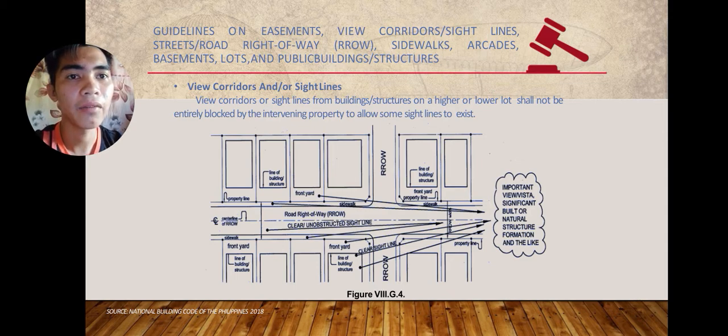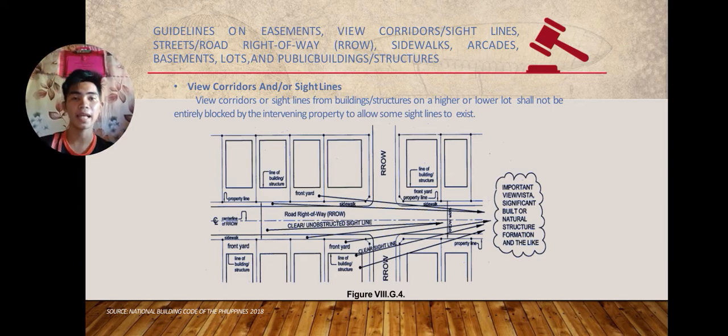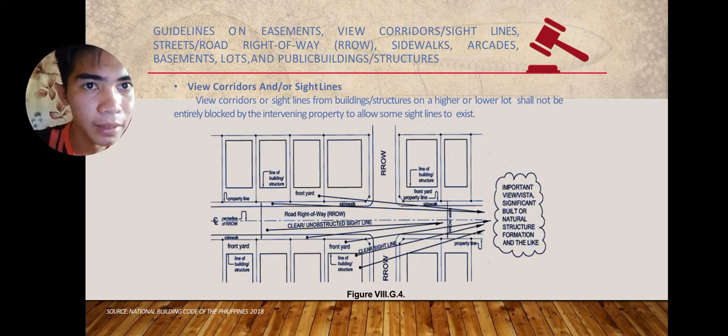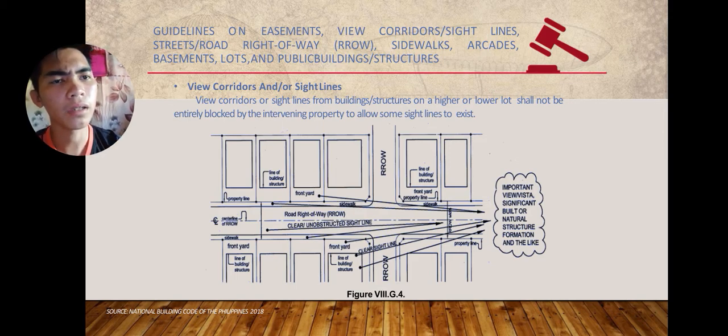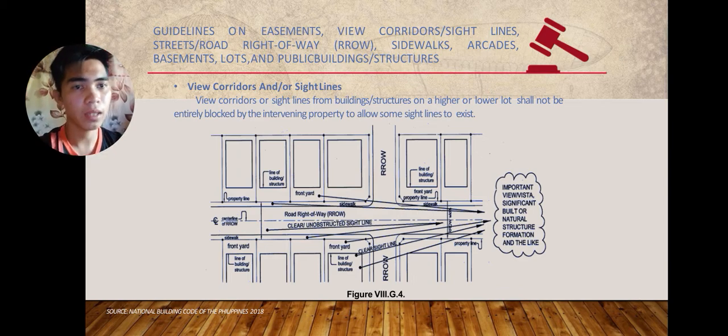Then the view of corridors and or sight lines, dakong building. View of corridor sight lines from the building structure on higher or lower lot shall not be entirely blocked by the intervening property to allow some sight lines to exit.